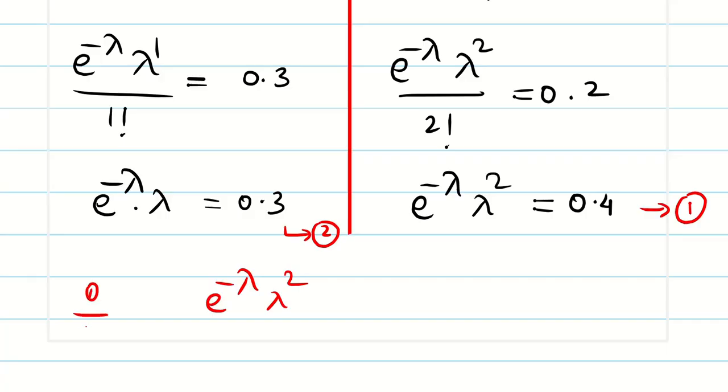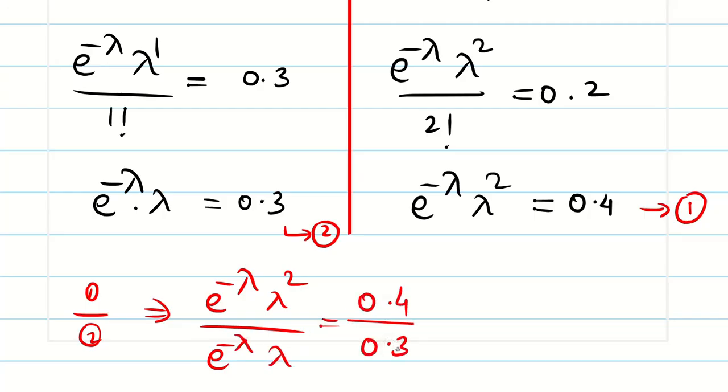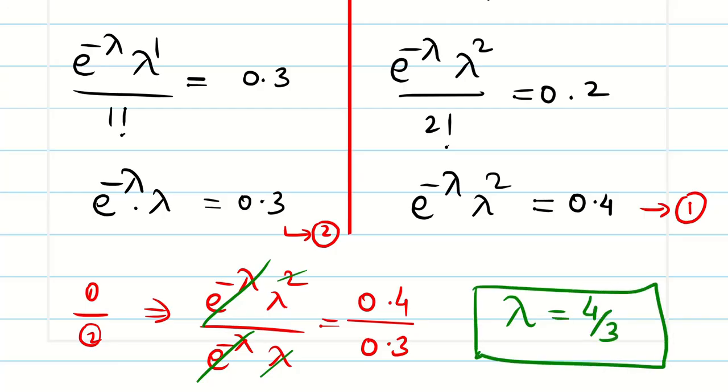So 2 divided by 1: e power minus lambda into lambda square by e power minus lambda into lambda is 0.4 by 0.3. So all the common terms will get cancelled, e power minus lambda, and one lambda. So immediately I'll get lambda equal to 4 by 3. That's it, guys. Once you find lambda, the problem is over.